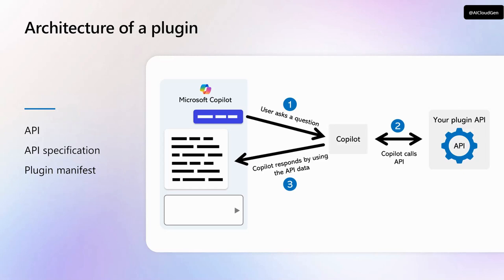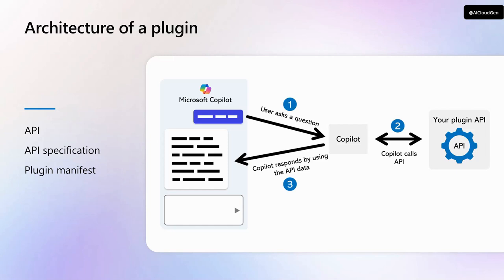How does this really work, right? The user asks Copilot a question and Copilot is going to check, I don't have the answer for this question. Do I have any APIs that are registered with me that can answer this question? If it is your plugin API, then Copilot will call your plugin API. It will get the response from your plugin API, and then it is going to give the response back to the user in natural language text.